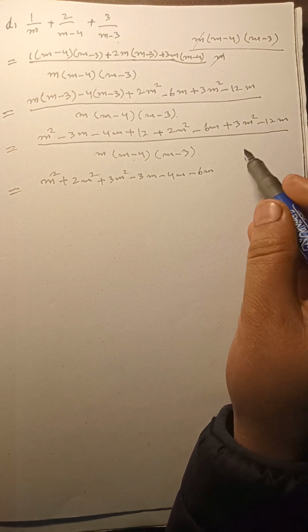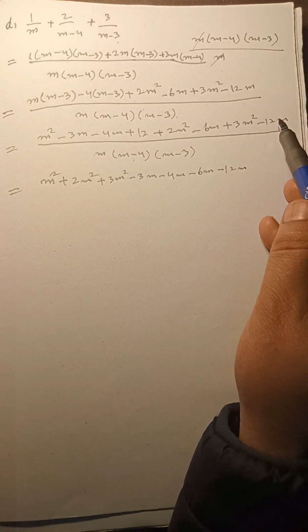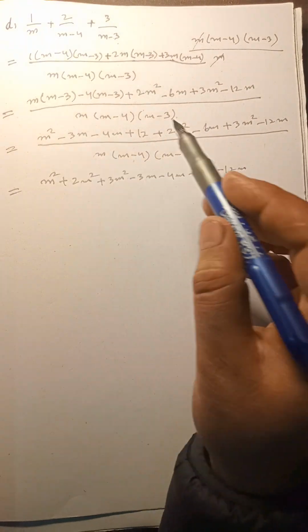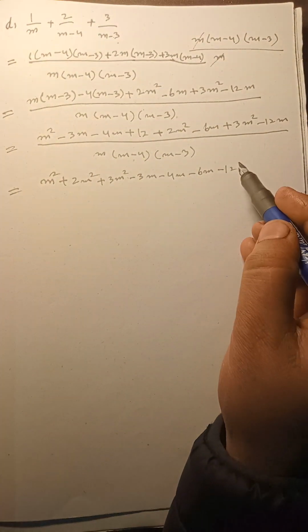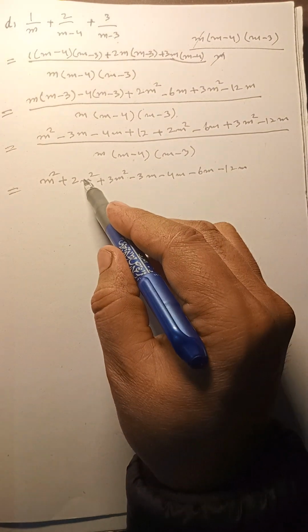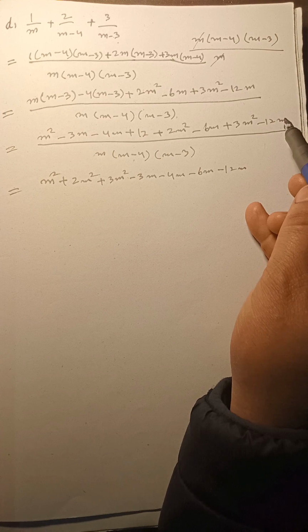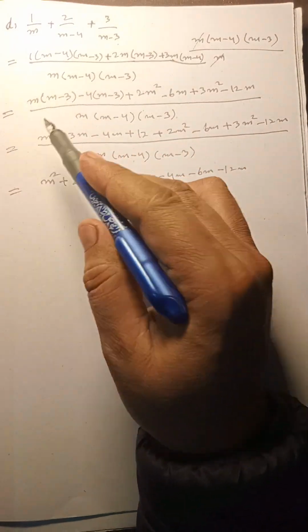6m and minus 12m. Count the number of terms: 1 2 3 4 5 6 7 8.